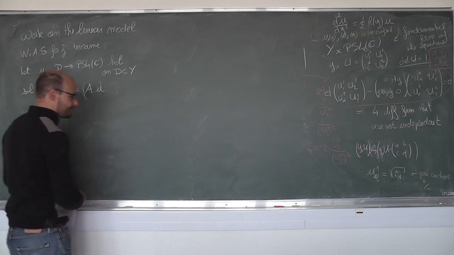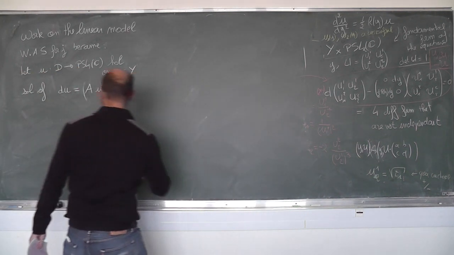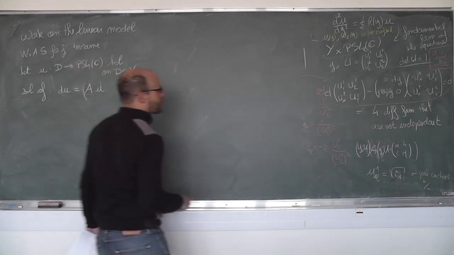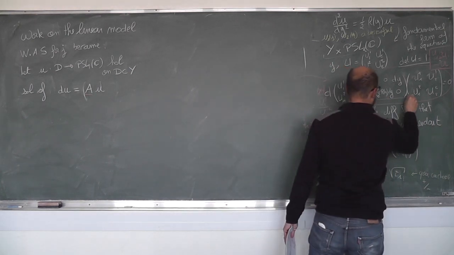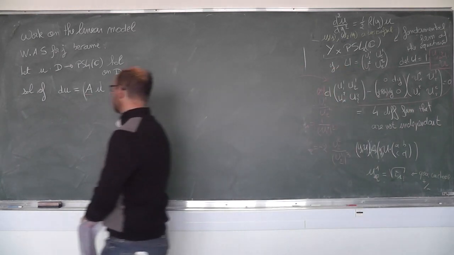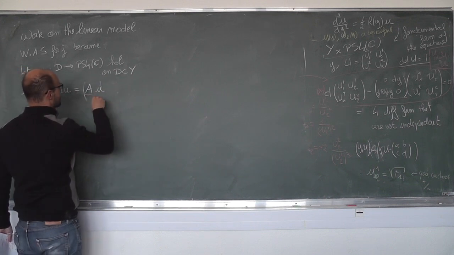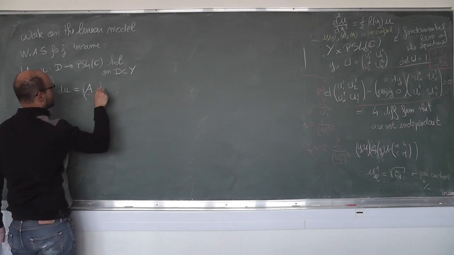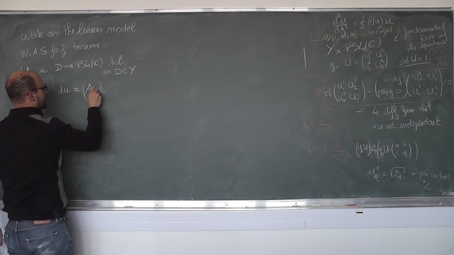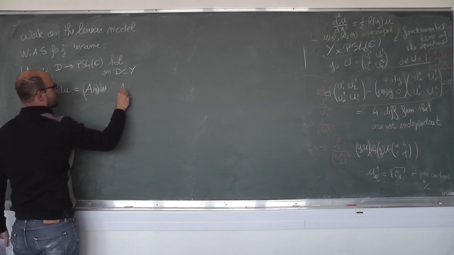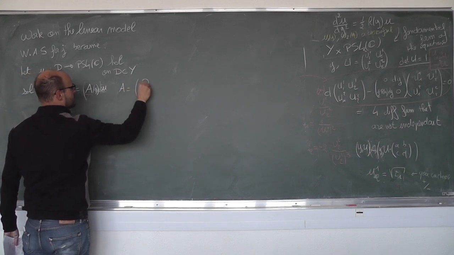And A is this matrix. I will not write this matrix with all these entries anymore, so this is A, and it is a matrix that depends on Y. A is this one.